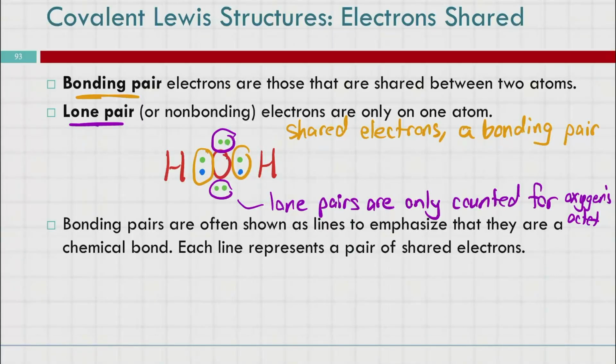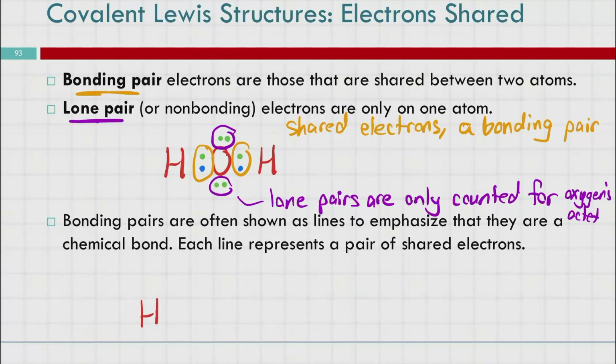So this is one way that we can represent things within our Lewis theory. More frequently, though, rather than showing 2 dots between our electrons, we'll show our bonding pairs as a line. And I think that that's a much better way of looking at it. It's a little bit less confusing.